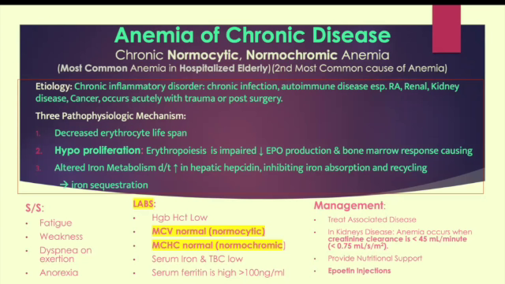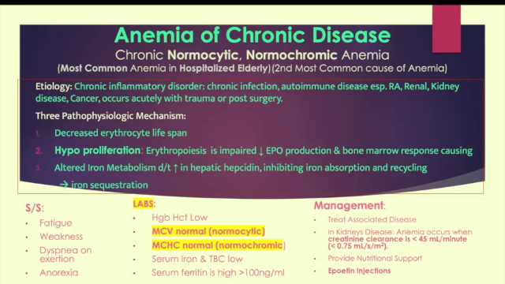The signs and symptoms are very vague and the same as you would see with other anemias. You're going to see fatigue, weakness, dyspnea on exertion, and anorexia. These patients have a low H&H, but their MCV and MCHC are normal.